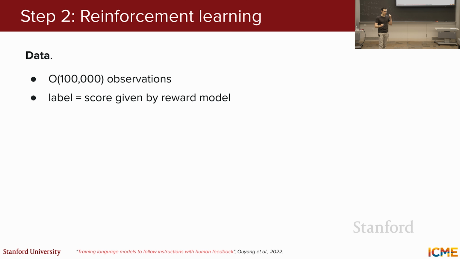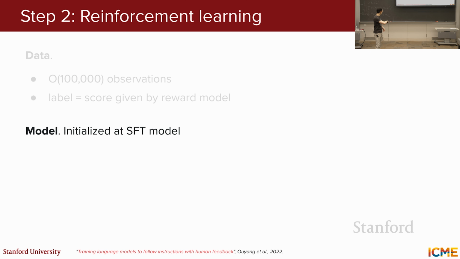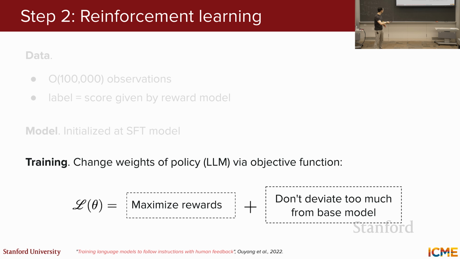And in this setup, you typically have more observations than in the reward model case. You typically have at least 100K observations, and the label that you get here is from the reward model. You start with the model that you obtained after SFT. That's the one that you train.